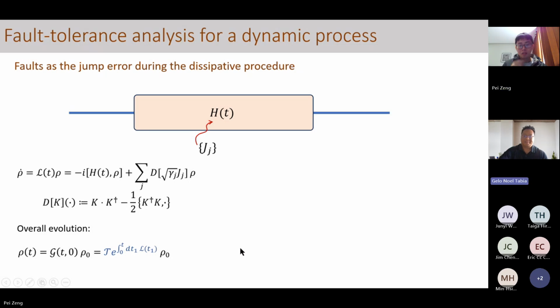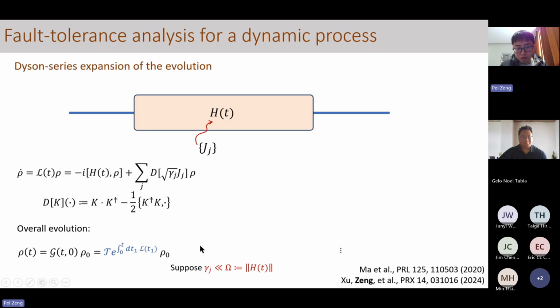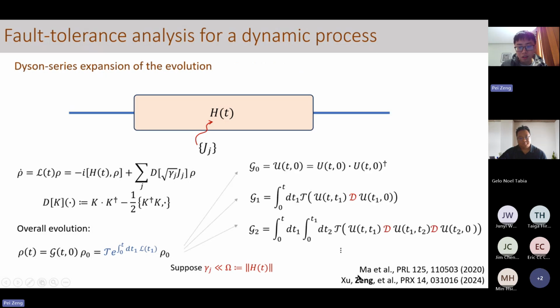What we're thinking is that in these two papers, which are bosonic codes papers, the bosonic error correction community has already considered similar ideas. That is to expand the dissipation error to different orders. For the zeroth order, you don't have any error, so this is the ideal evolution.